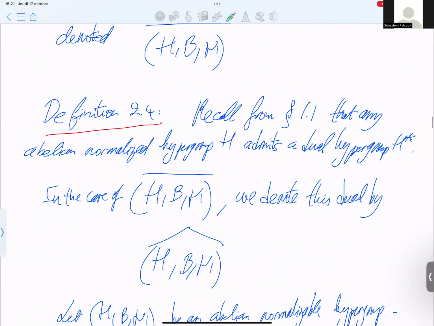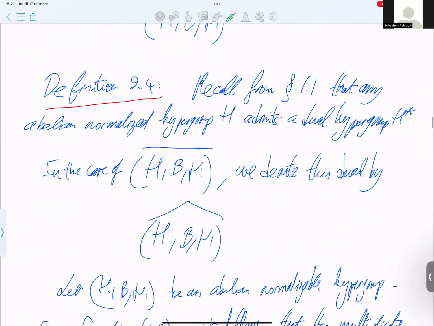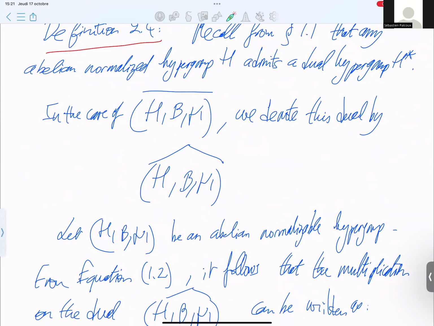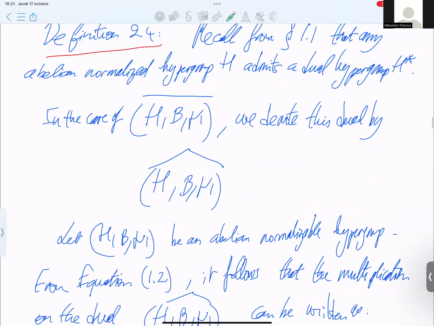The definition: abelian normalized hypergroup. So we have the notion of normalizable hypergroup and normalized hypergroup.